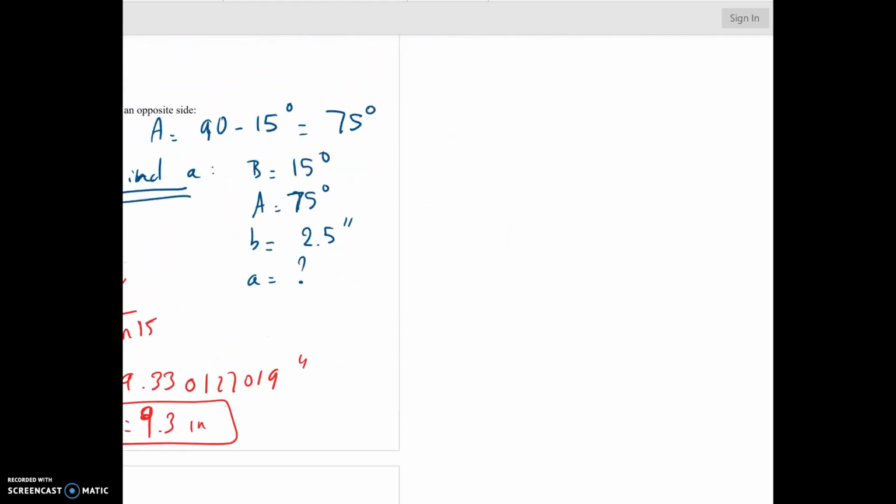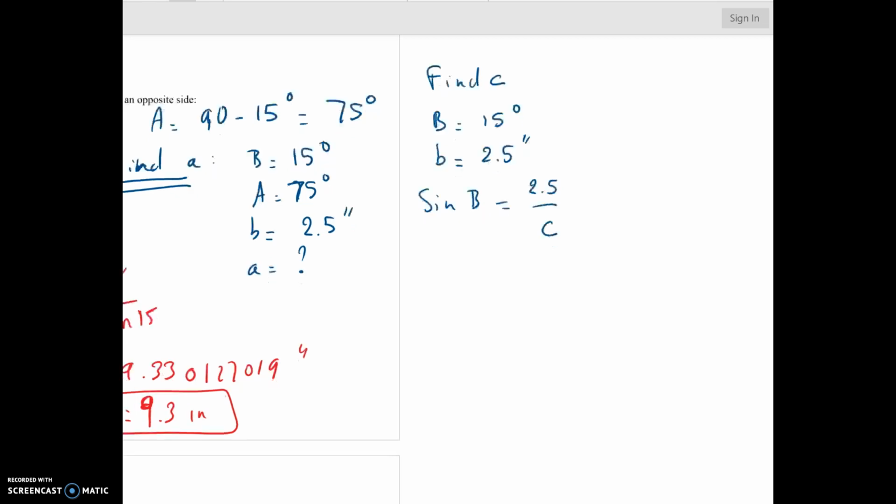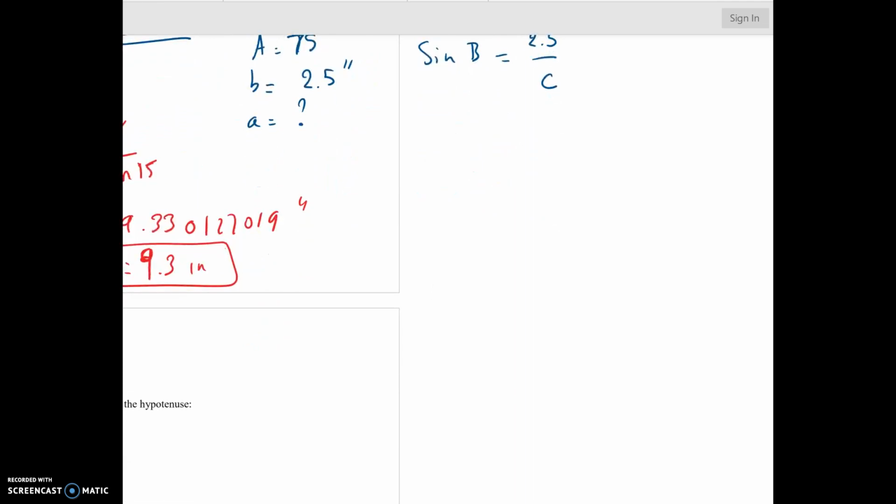So now let's try to find the value of C. I know that the angle B equals 15 degrees. I know the side b equals 2.5 inches. I also know that the sine of the angle B is going to be equal to 2.5 divided by C. So C is going to be equal to 2.5 divided by the value of sine 15.